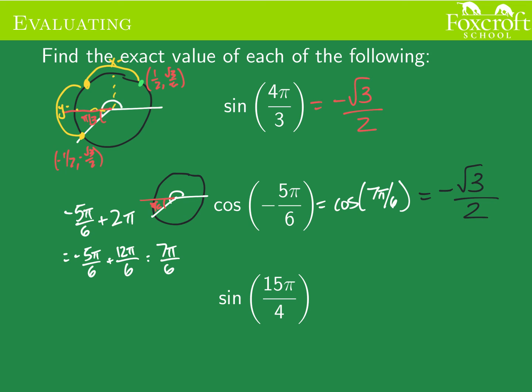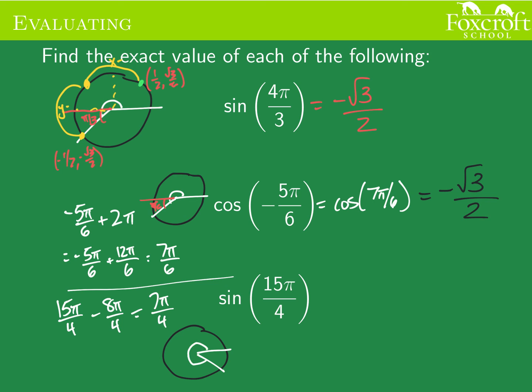15 pi over 4. 2 pi is 8 pi over 4, so this is an angle that's too big, so I'm going to subtract 2 pi from this. And 15 minus 8 is 7 pi over 4. And 7 pi over 4 is a little bit less than 8 pi over 4, so it's a little bit less than a full circle.